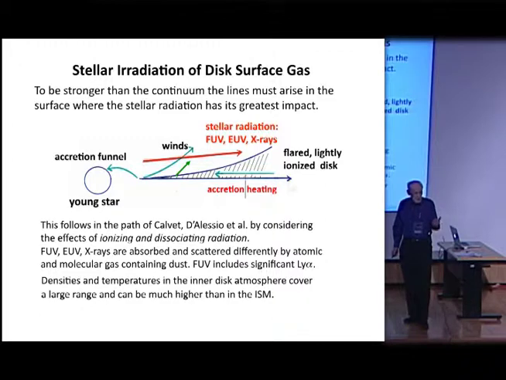So we're talking about densities that, say, if this is 1 AU, at the top of the atmosphere are 10^7 hydrogen nuclei per cubic centimeter, and go up several decades to 10^10, 10^11, and so forth.